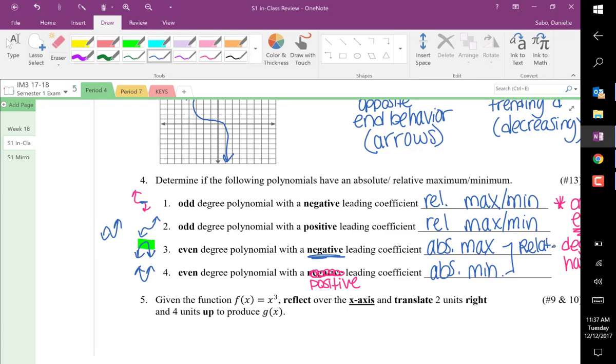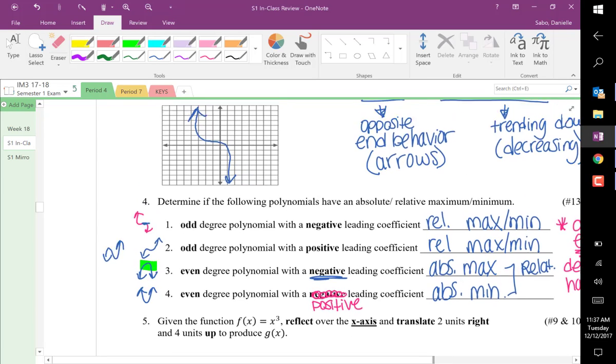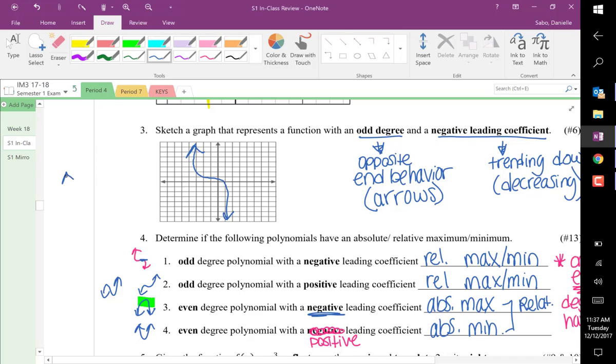And here's what I mean by that. You don't have to draw this in, but technically, if I drew something like this, this guy has a relative max. But I'm not really worried about that part. I'm more worried that you were able to tell me that an even degree is the only one that can have absolute. A lot of people got that wrong on the midterm. This is why we do the midterm, so I can see where you are when we do this review.